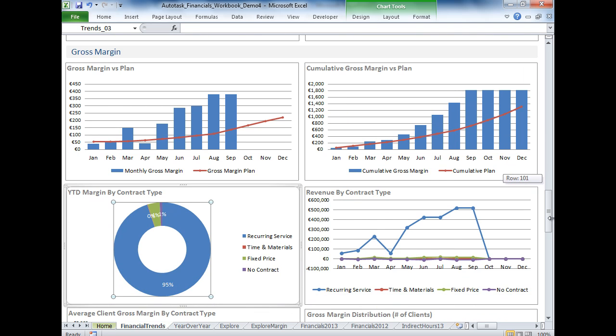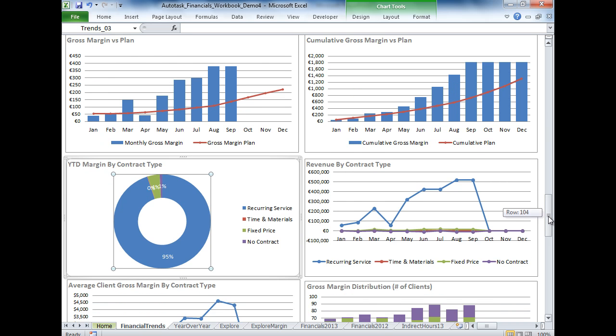Really, probably most important is margin. So how much money am I taking in from my clients? If I get $100 worth of revenue, what percentage of that am I keeping? So this is showing me, again before operating expenses, what I'm seeing on a per month basis and a cumulative basis.